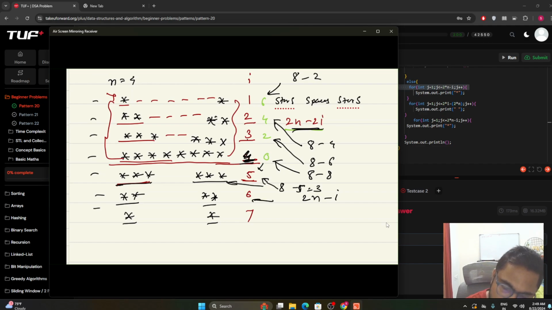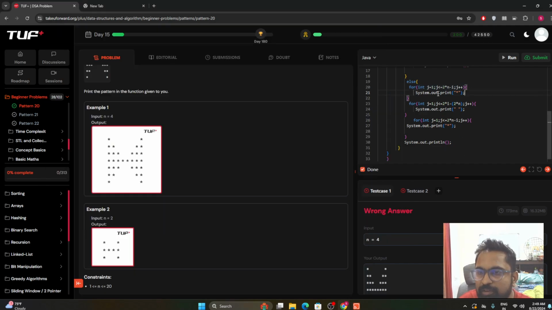For this line, 8 minus 6 is 2, so 2 stars. And for this line, 8 minus 7 is 1 star. So 1 star we want to print. The printing formula we have derived, and that's why we have written these 2 for loops.